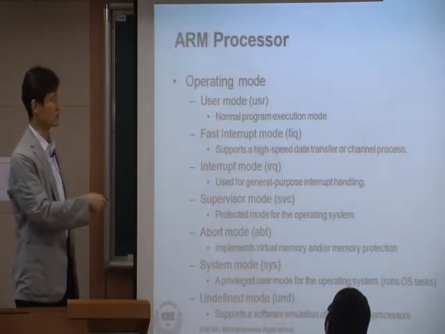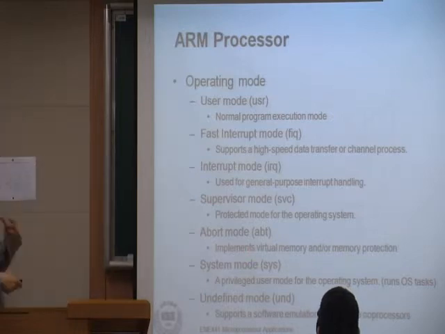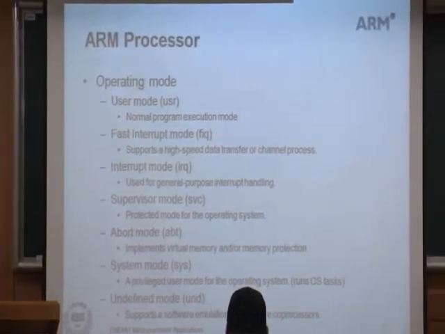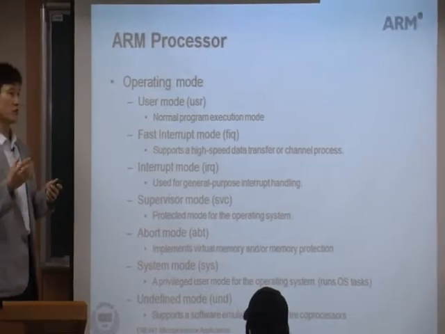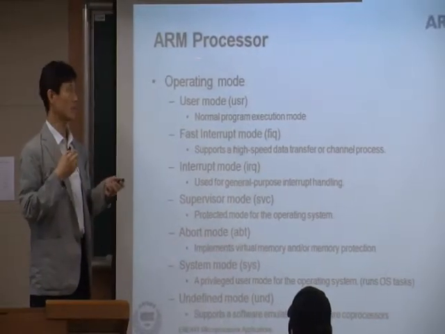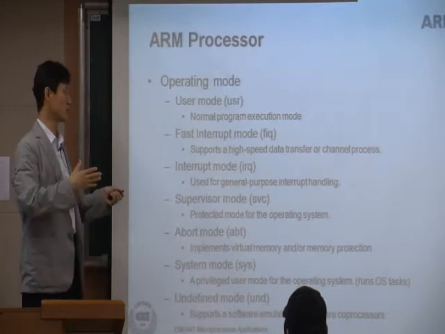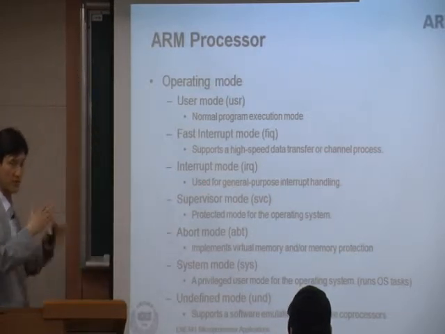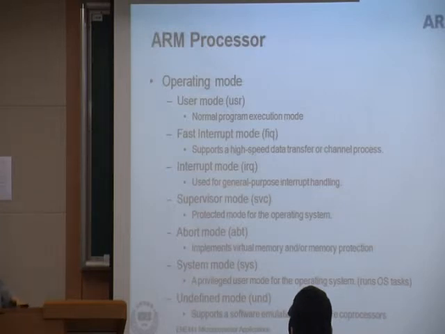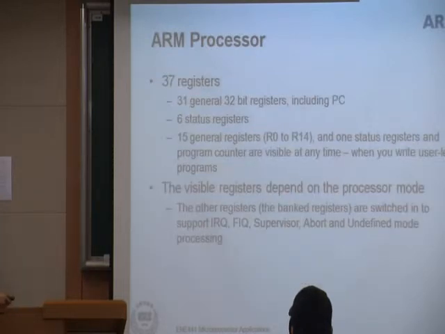Depending on the situation, the processor jumps into another mode. For example, when you get an interrupt, it jumps to interrupt mode. So the processor changes mode depending on the environment.